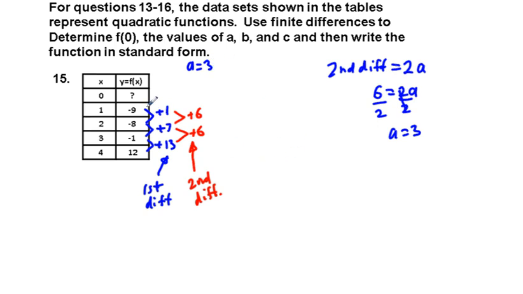Next, we're going to work backwards and try to find what our question mark is. So that second difference is going to be plus 6. So what we're going to do is take that 1 minus 6, and we're going to get negative 5. And negative 5 is in our first difference row.